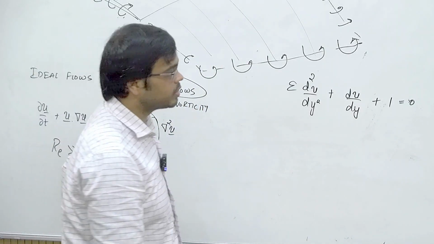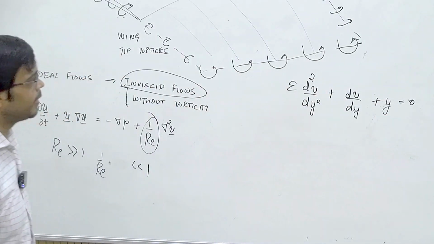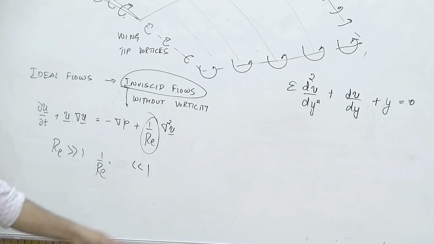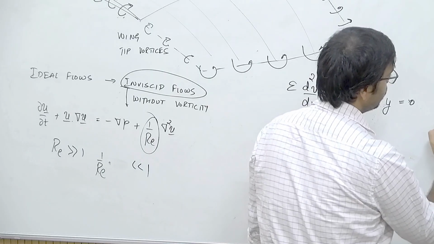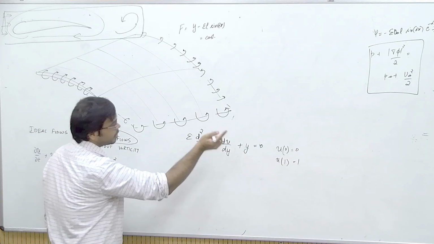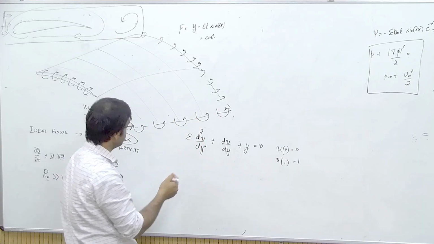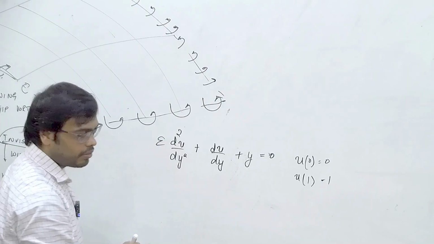Huh? There was a y here. Okay. So, we had looked at a governing ODE like this. We said that u of 0 is 0, u of 1 is 1. And we said that dropping this epsilon naively gives you only an outer solution, which is what these guys are, the ideal flows that we have discussed.